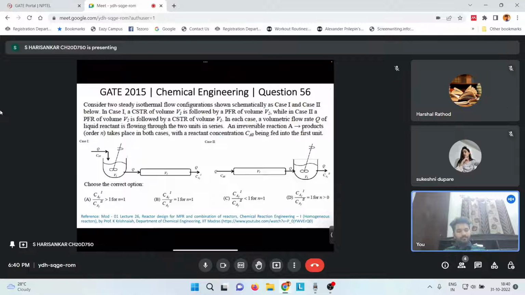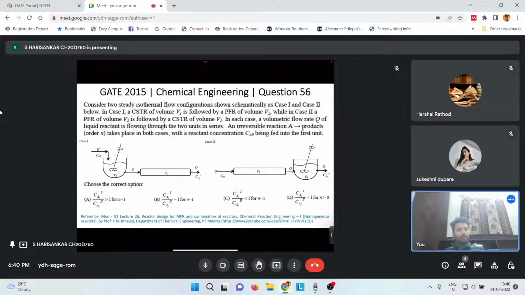So this is a question from GATE 2015, Chemical Engineering, question number 56. Consider two isothermal flow configurations shown schematically as case 1 and case 2 below. In case 1, a CSTR of volume V1 is followed by a PFR of volume V2, while in case 2, a PFR of volume V2 is followed by a CSTR of volume V1.